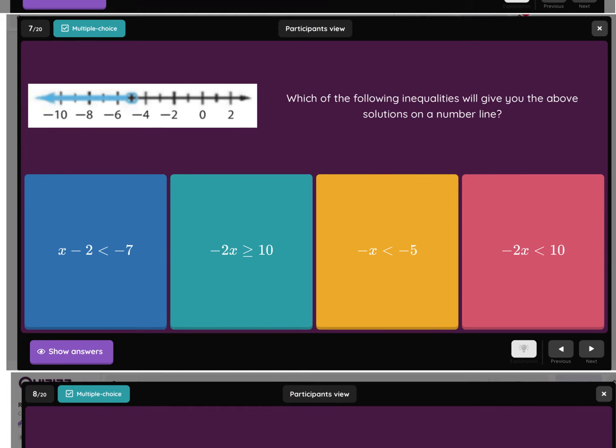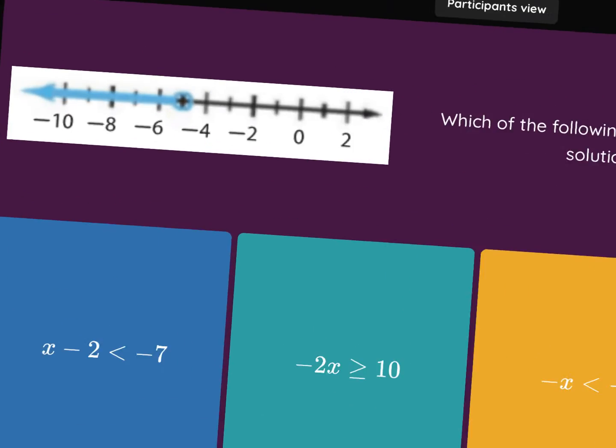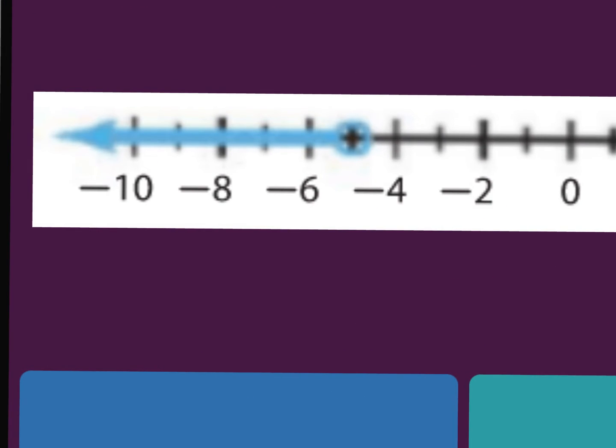How about this one? We want to select the appropriate correct inequality. So let's first look at this graph. First question is it an open dot or a solid dot? It's open. And is it going to the left or to the right? To the left.